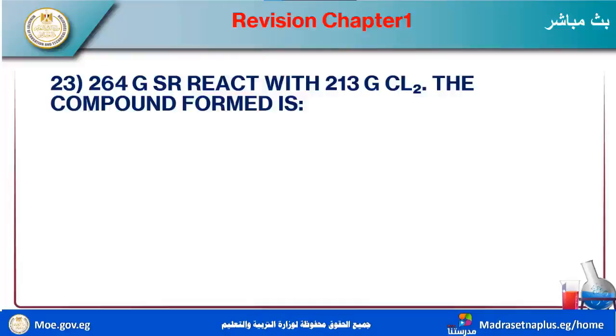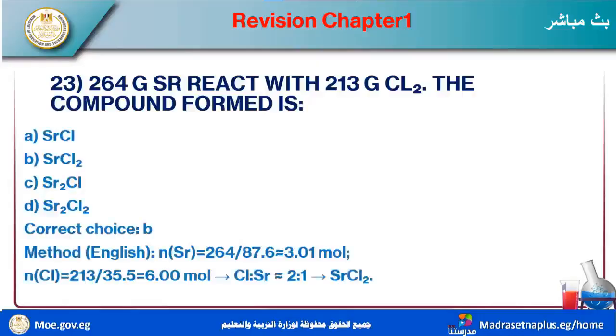264 gram strontium reacts with 213 grams chlorine. The compound formed is? Now we have mass. We want to know the number of moles of strontium, and we want the number of moles of chlorine. I don't know anything about strontium.